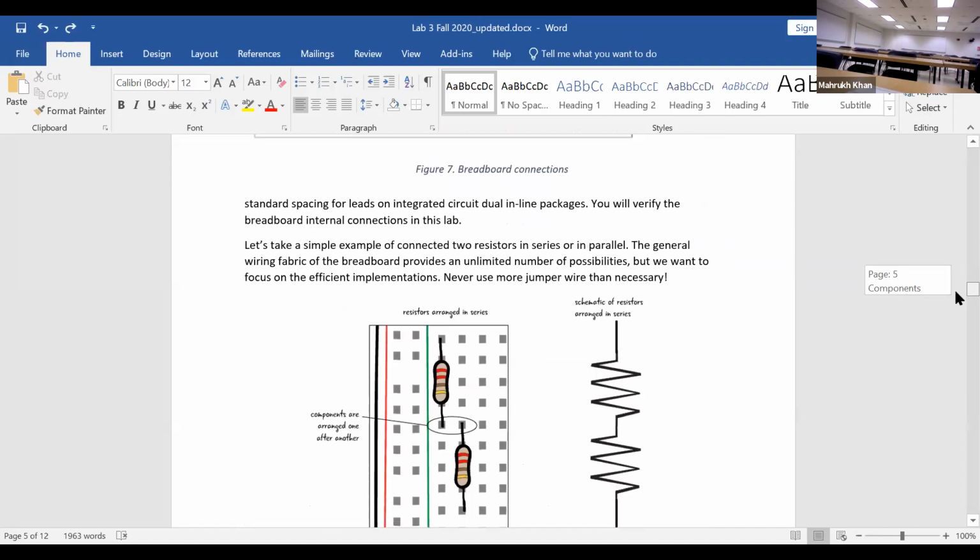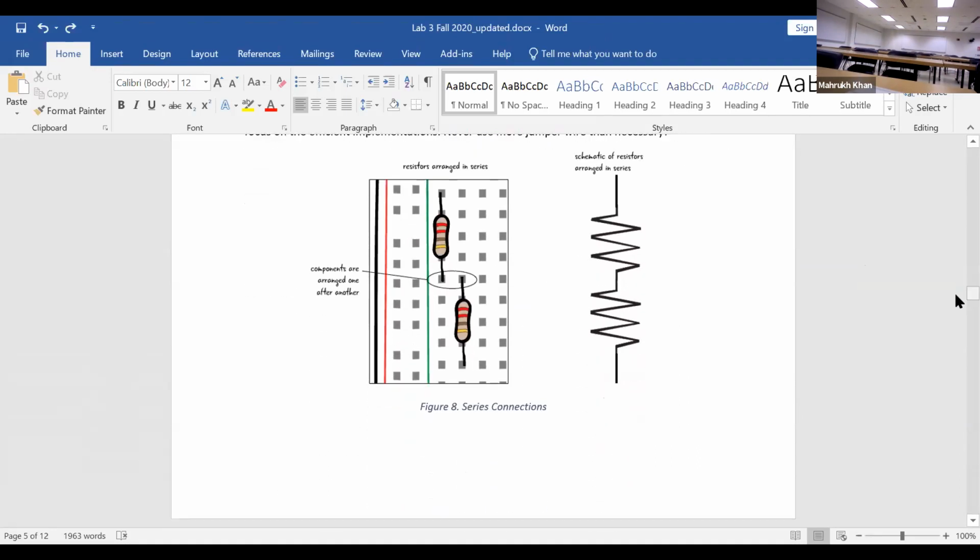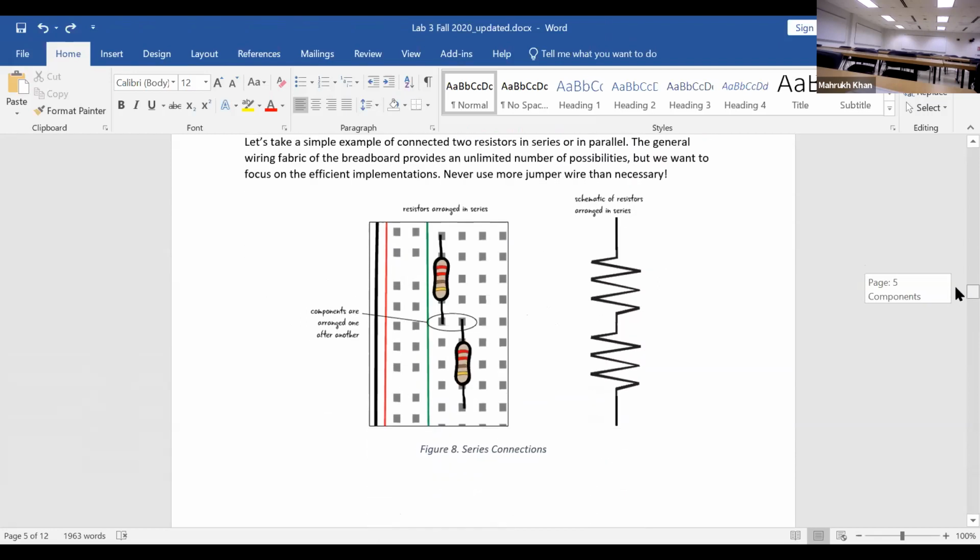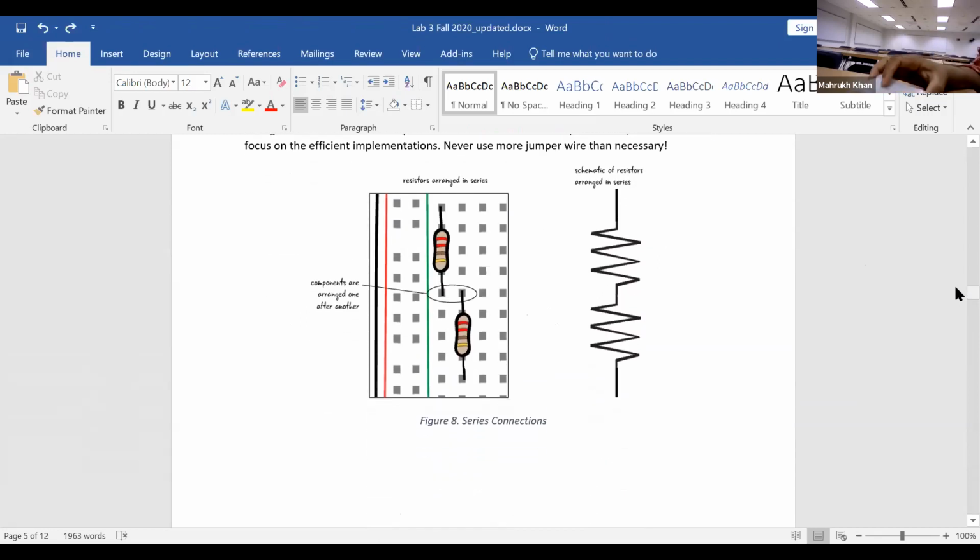Okay, another thing I want to tell you is how to connect resistors in series and parallel. If you see this breadboard, or in the document, I told you that they are connected in vertical lines, right?